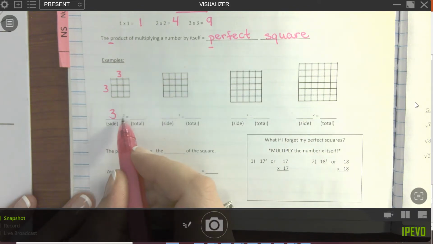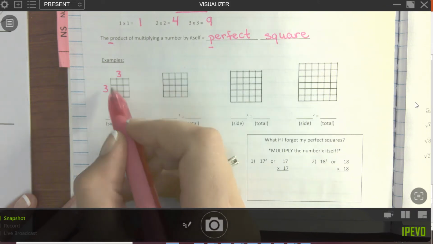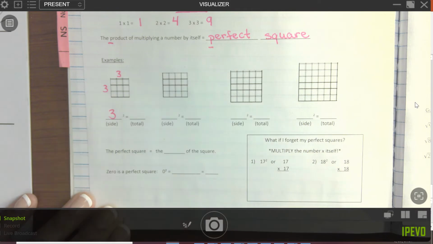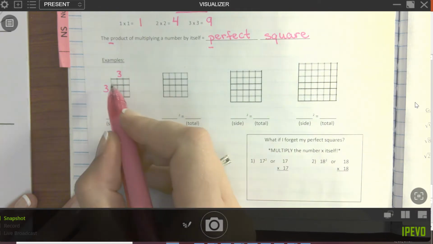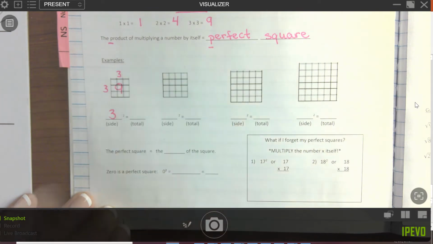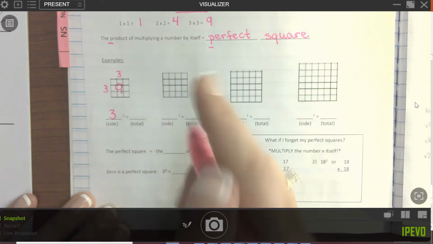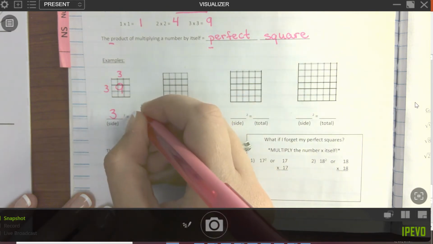And if we square our side length, that is going to give us our total number of squares or tiles within that big square. So if I count all of these up, I would have a total of 9 squares within that big square. And so 3 squared would be equal to my total, which is 9.